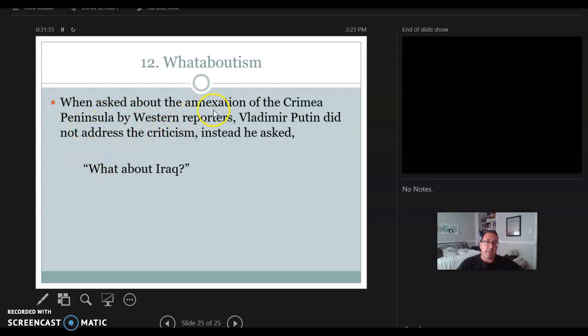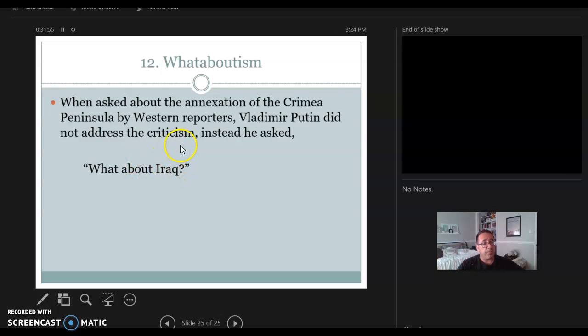When he was asked about the annexation of the Crimea Peninsula by Western reporters, Putin didn't address the criticism. He didn't say, hey, this is our land, or anything like that. He didn't address the actual issue. Instead, he said, what about Iraq, right, where America went in and invaded Iraq?